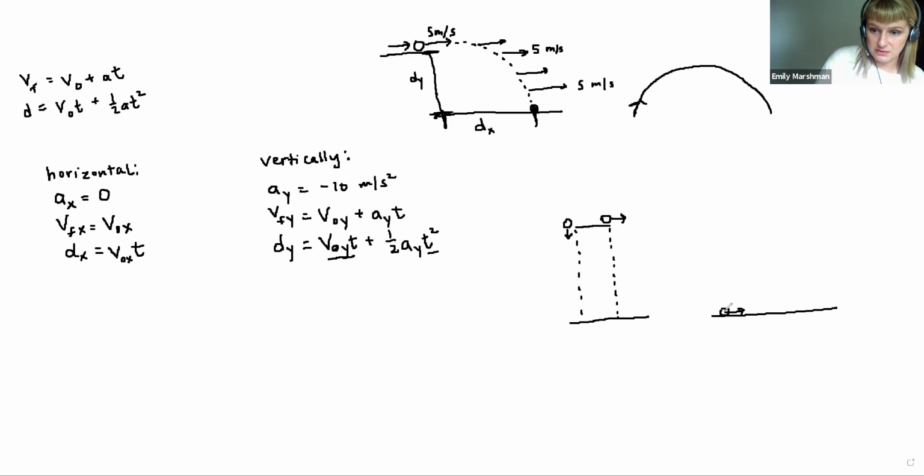If I throw a ball straight up, it's going to have maximum time of flight. So the time of flight depends upon the initial velocity in the y direction. Both of these have an initial velocity in the y direction of 0.